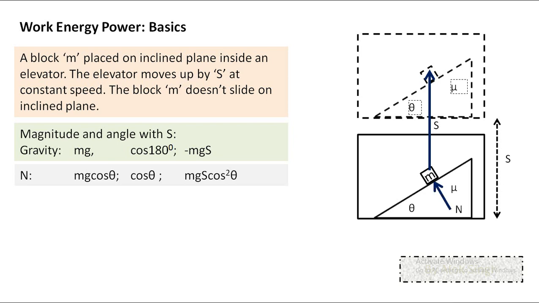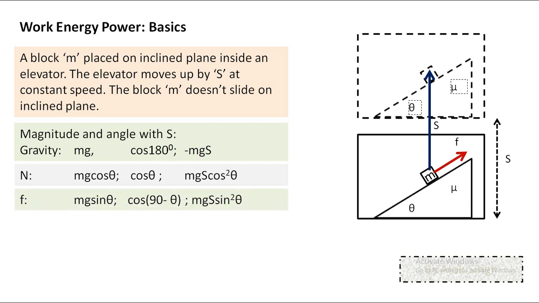Let's represent the normal reaction like this, but this is not the angle between the normal reaction and the displacement. To find the angle, we need to place them tail to tail. When we place the normal reaction like this, we find the angle between the normal reaction and the displacement is theta. So we get another cos theta. The work done is magnitude into cos theta, so it will be equal to mg into s into cos square theta. That's the work done by the normal reaction.